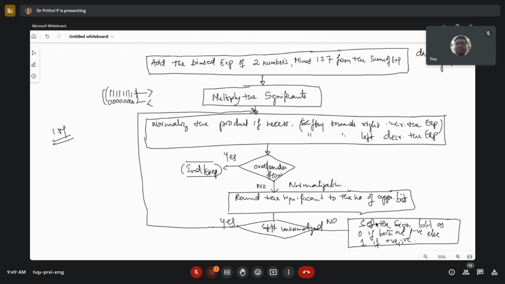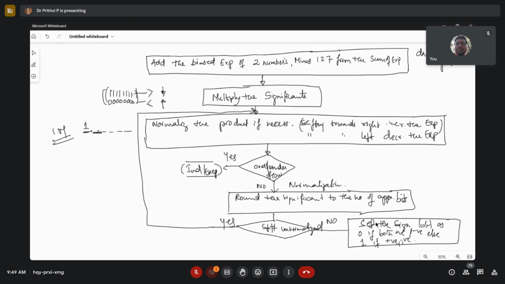If something is more than this all-ones value, what do we expect while doing the underflow or overflow adjustment? Overflow means you have to decrease the exponent by one. If an underflow is there, you have to increase the exponent. So if I want to decrease the exponent, say I'm taking the decimal point here, I should be getting 1 point something.